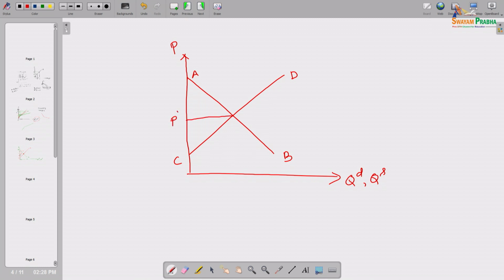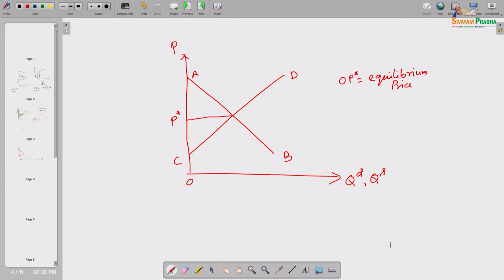Suppose I am denoting that as P star, and O is the origin. So, OP star is our equilibrium price.